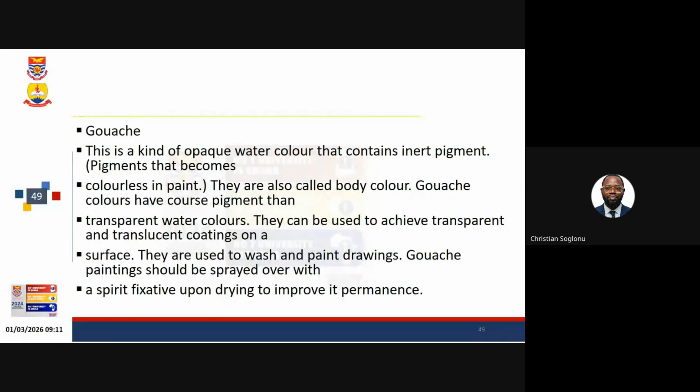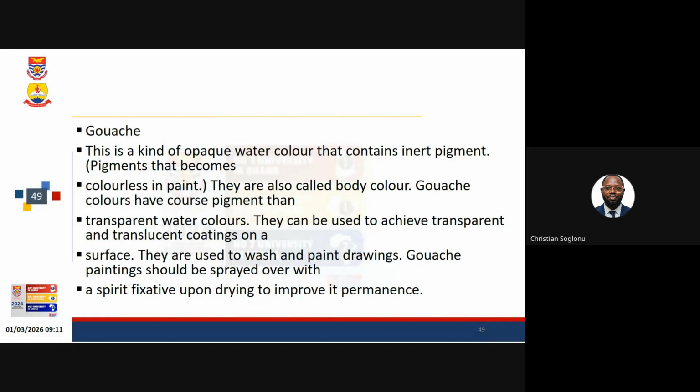Good. So we come to gouache. So this is a kind of opaque watercolor that contains inert pigments. It says colorless pigments. They are also called body paints.